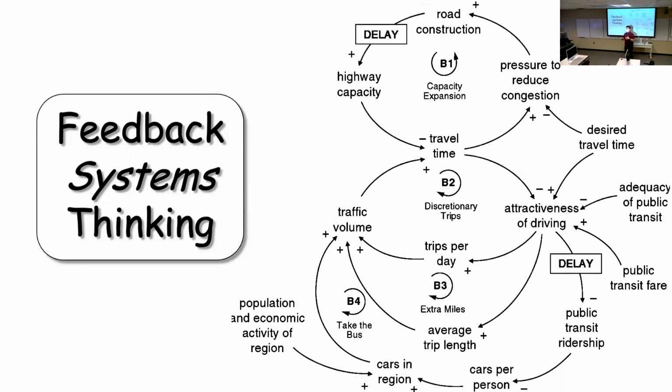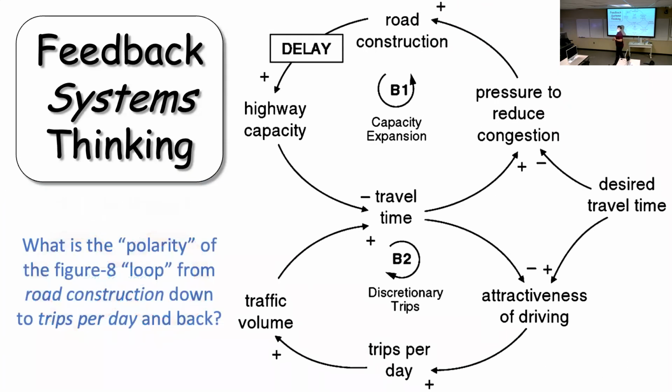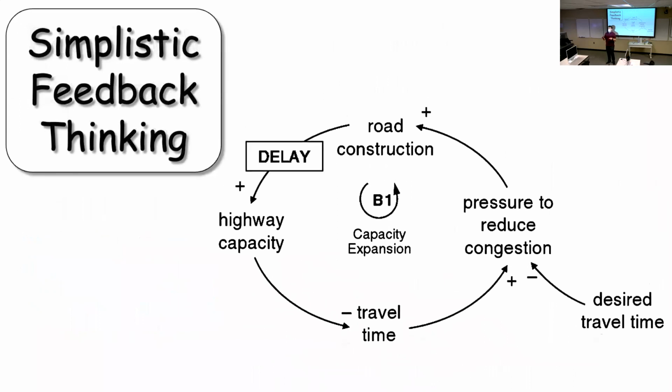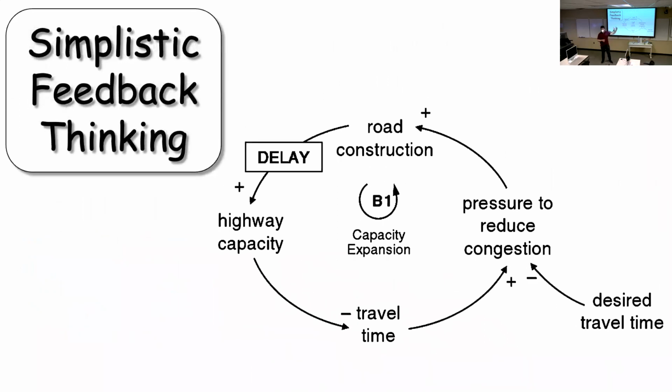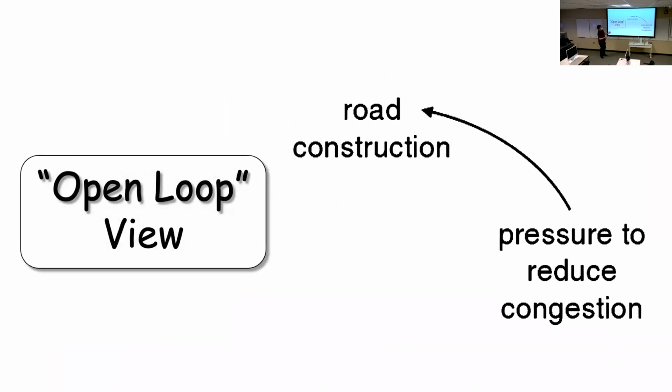Well, I would say that it's about drawing boundaries. If we assert as policymakers that this is enough to make decisions with, that this is our conceptual model of how urban traffic works, then that is sort of an event-oriented perspective or simplistic feedback thinking, where we're really just saying that the only lever we have to play with is road construction.